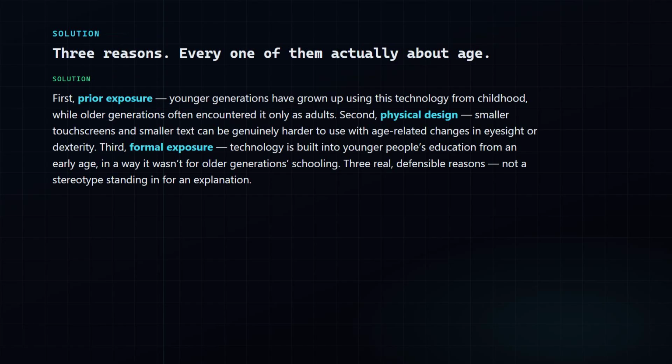Here is the solution. Three reasons, each tied specifically to age, not generic. First, prior exposure. Younger generations have grown up using this technology from childhood, while older generations often encountered it only as adults, later, and less continuously. Second, physical design.